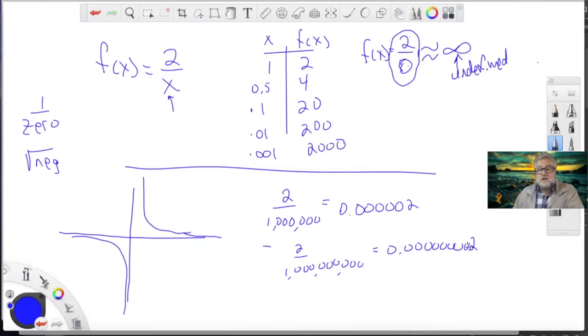It's going to be teeny tiny. If I put in 2 over a cajillion, that's the real spelling. Well, as this gets so big, this gets so close that 2 over infinity just starts looking like 0.